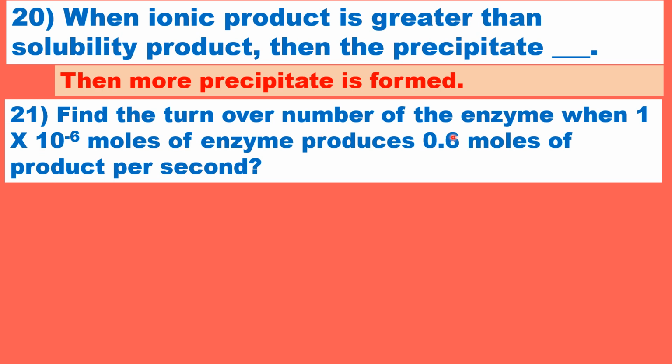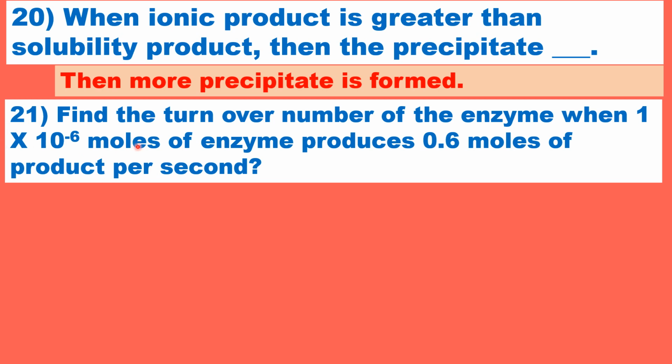Find the turnover number of the enzyme, when 1 into 10 power minus 6 moles of enzyme produces 0.6 moles of product per second. What is the enzyme concentration? Enzymes or biocatalysts are used in very low amounts.